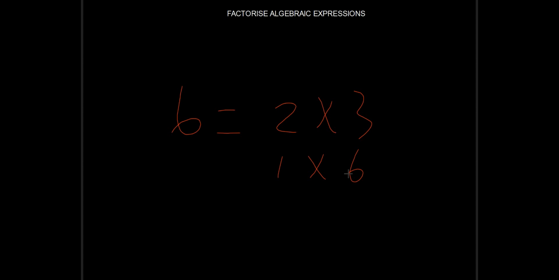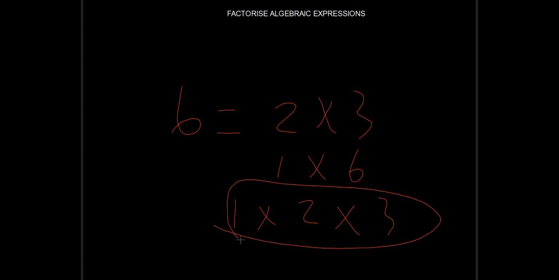So these are basically possible. We could even say 1 times 2 times 3, and all of these numbers will be multiplied to get back 6. So after factorizing a number or a term, you should be able to multiply the factors you have and get back the original number.